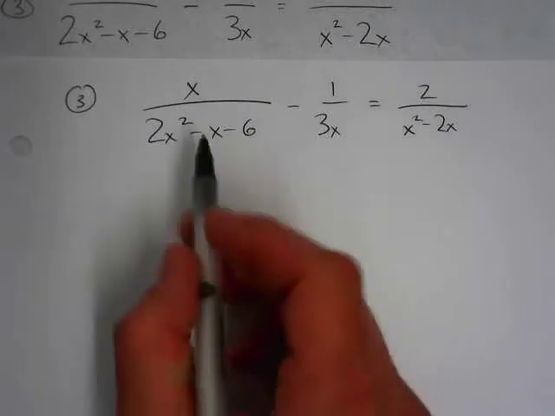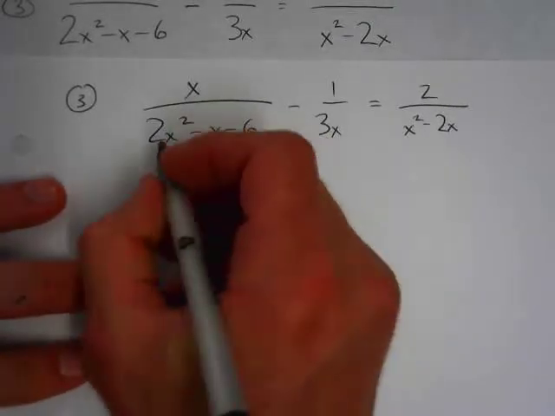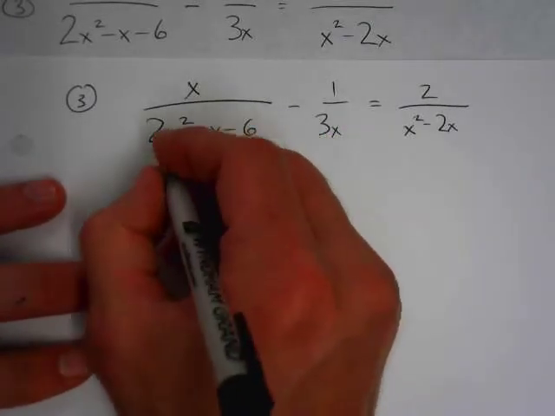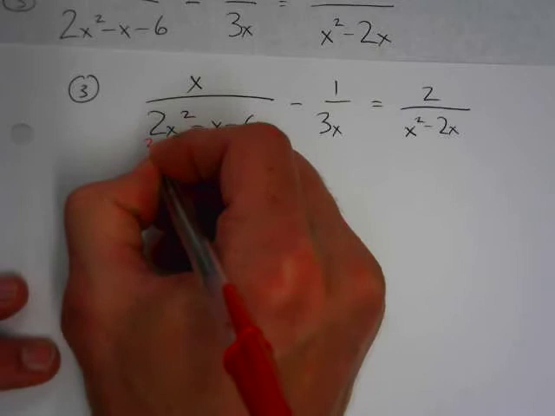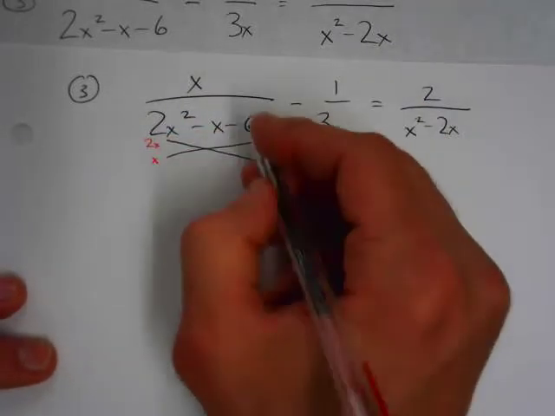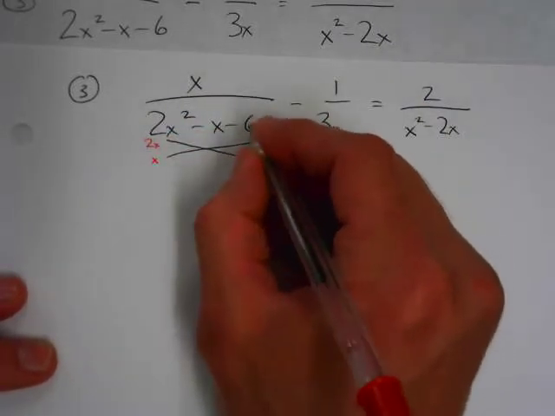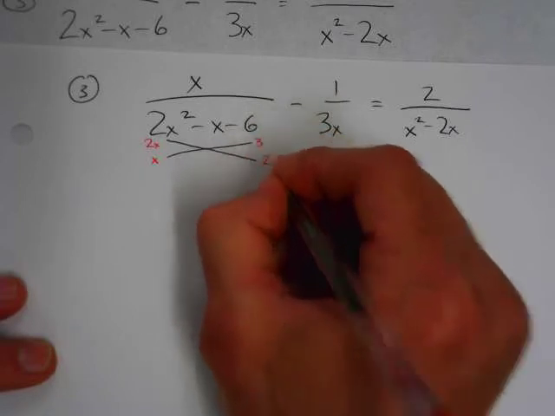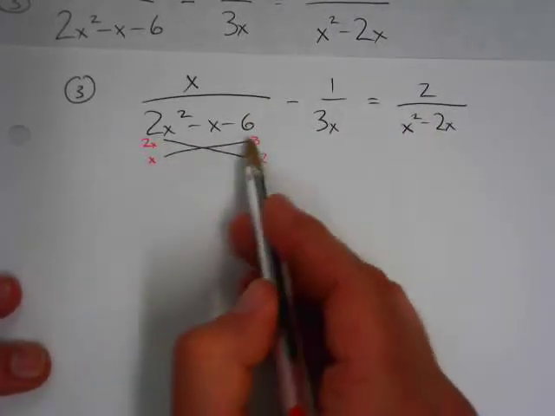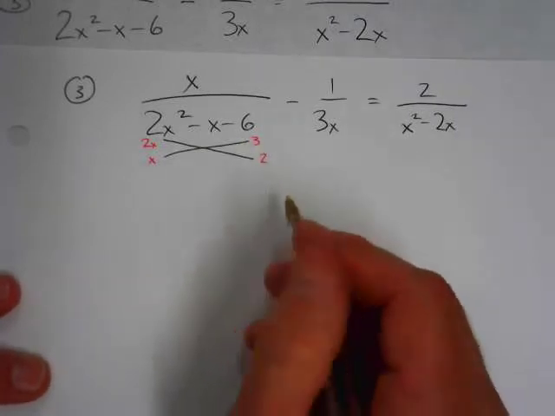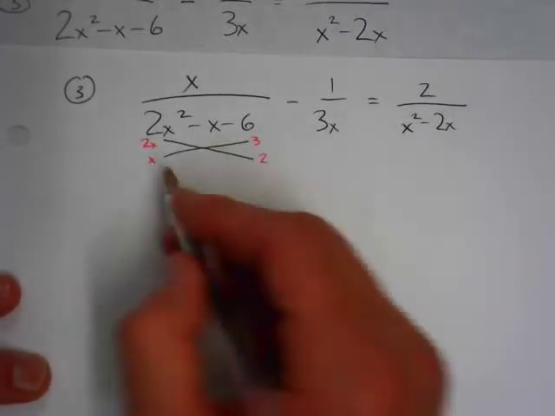So let's look at this crazy denominator here: 2x squared minus x minus 6. I'm going to use x factor to factor this one. I have 2x and x here. What two numbers multiply to 6? How about 3 and 2? Going across the line there, I get 4x, and here I get 3x.